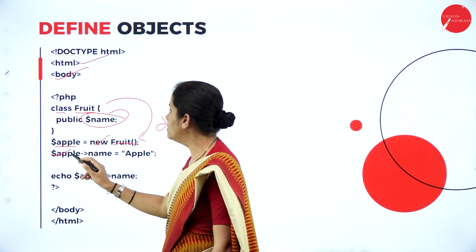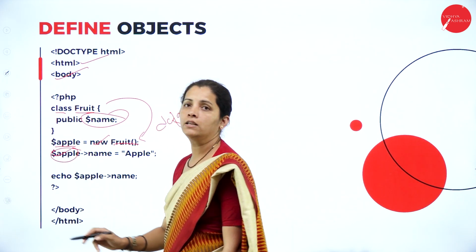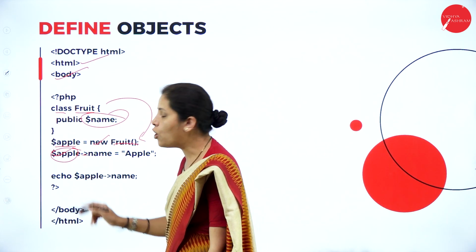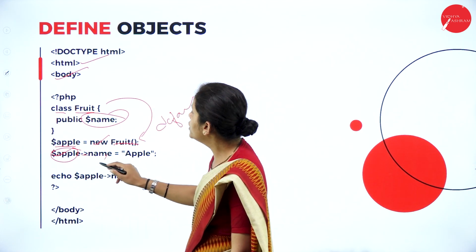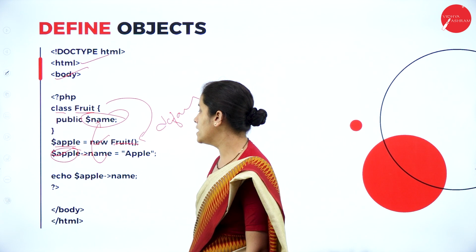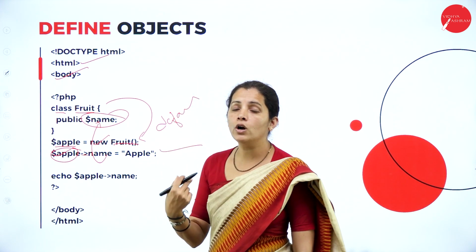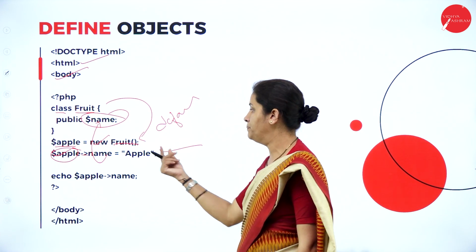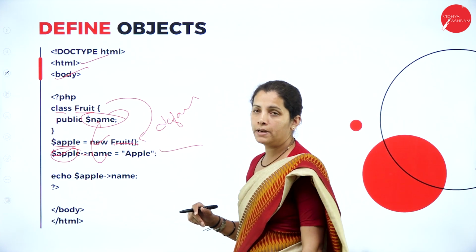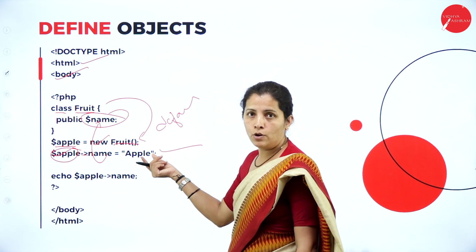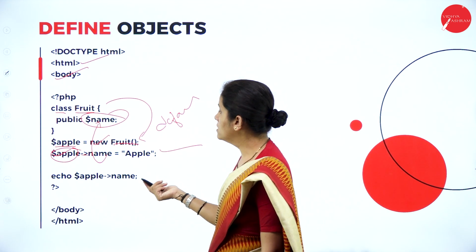Now, with the help of the object, using the arrow operator, I'm going to call the name, and I'm going to assign the string apple. Now, if I want to display the string apple, what will I do?